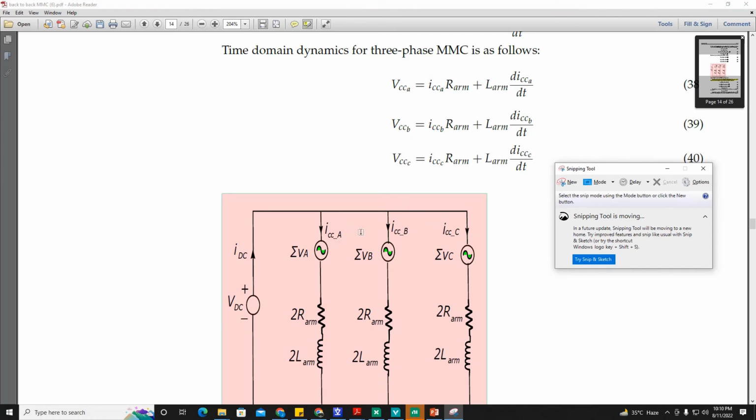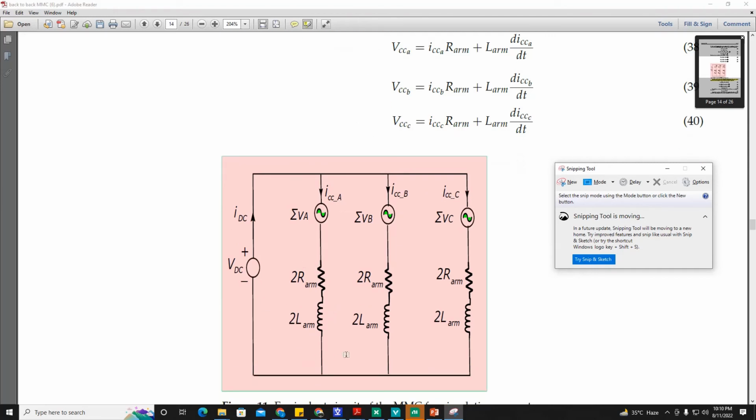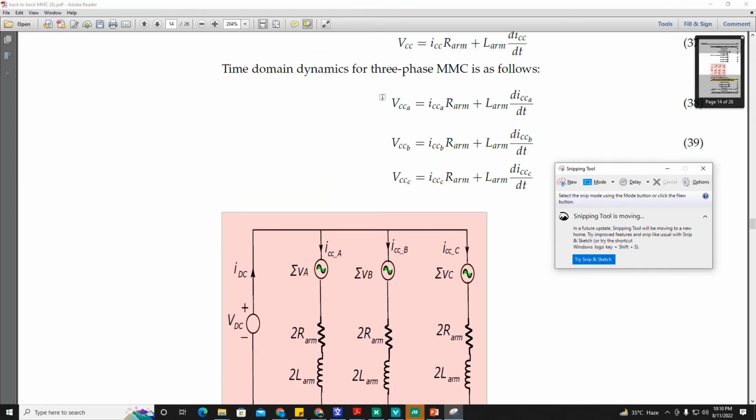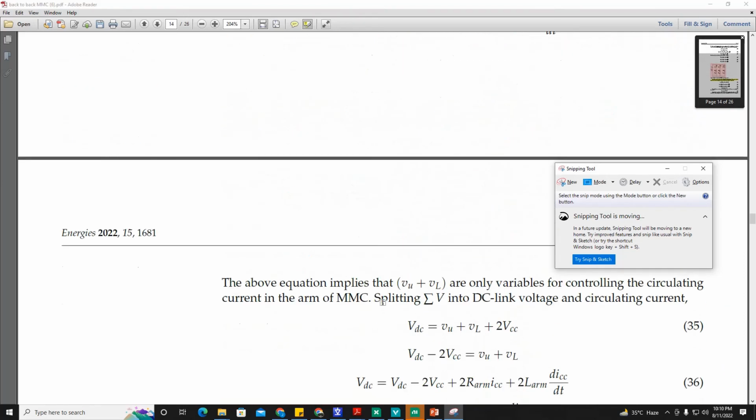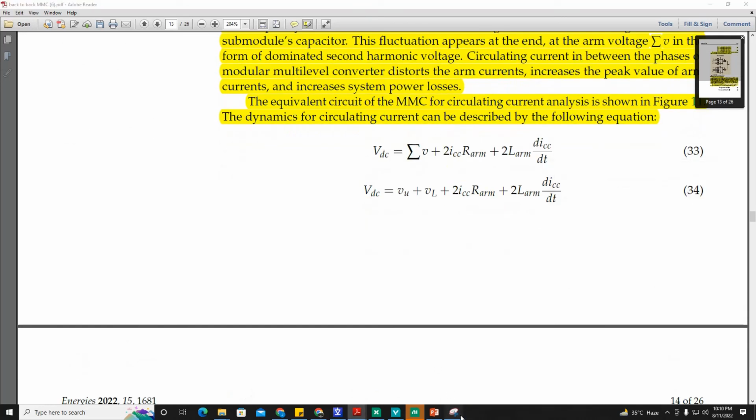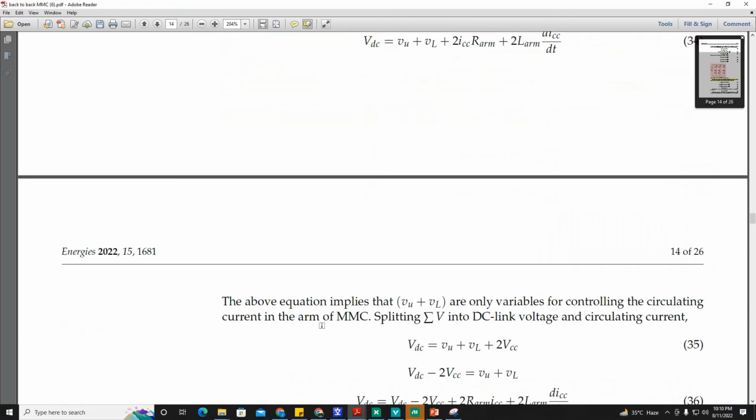So these circulating currents, ICCA, ICCB, ICCC, can be controlled by reducing this imbalance voltage, which is occurring across this inductor drop. This differential voltage should be maintained to suppress this circulating current. So let's discuss the mathematics.